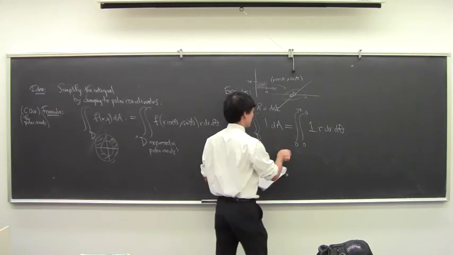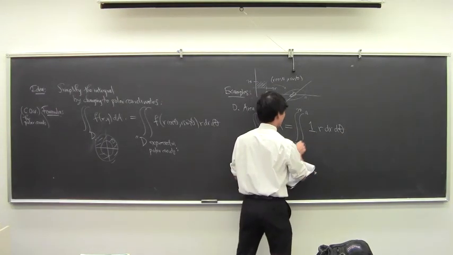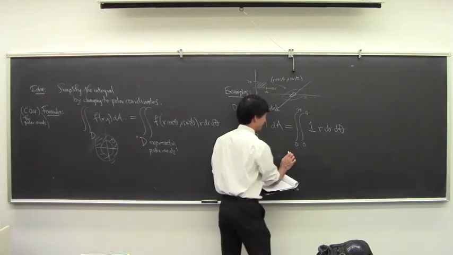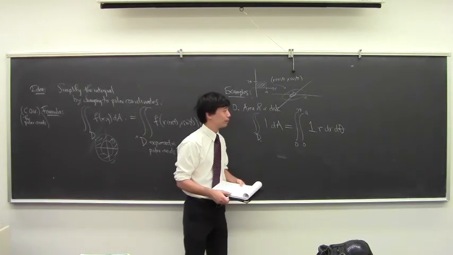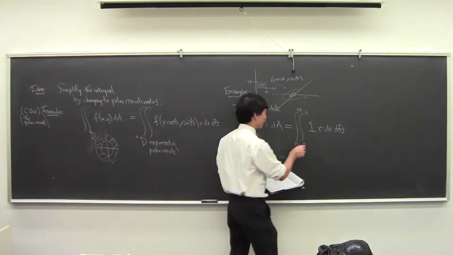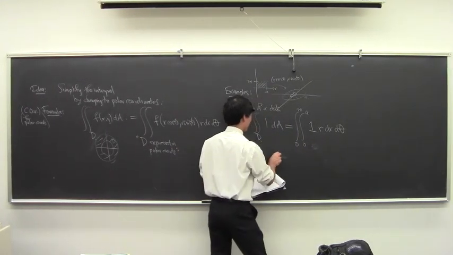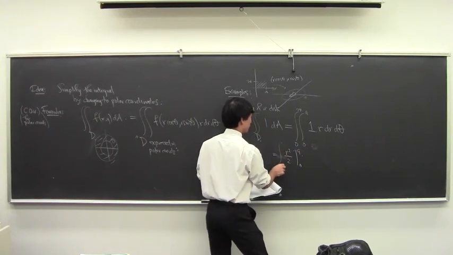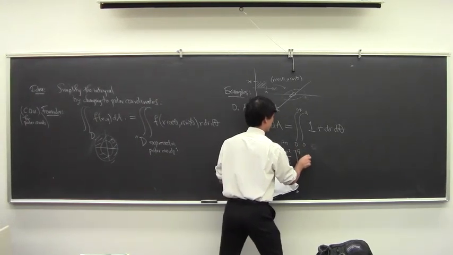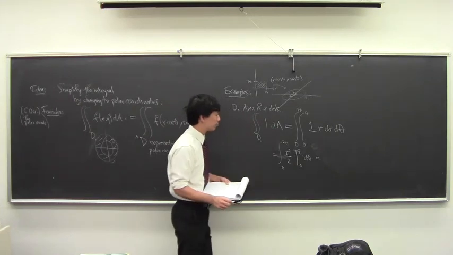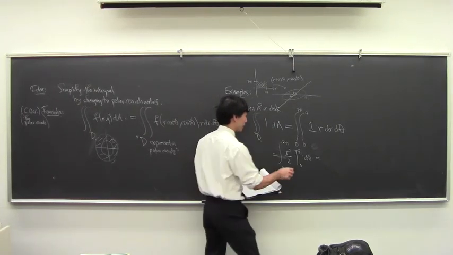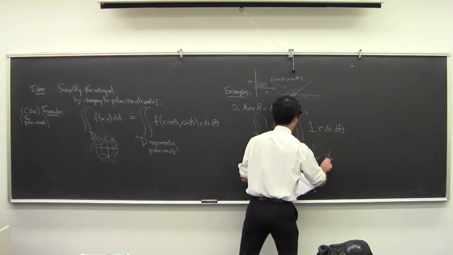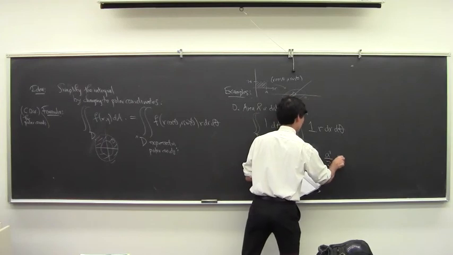Okay, so let's do it, right? It's easy, right? You end up with, well, what happens? You integrate r dr. What do you get? r squared over 2 between 0 and a. Right? Go from 0 to 2 pi d theta. And so you get a squared over 2 times 2 pi.